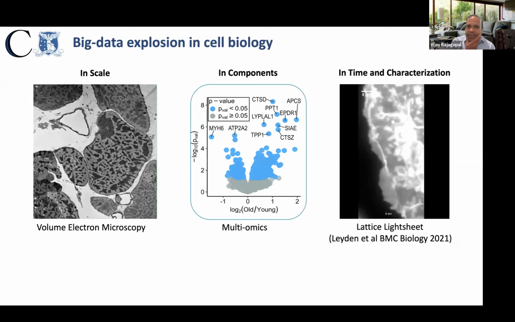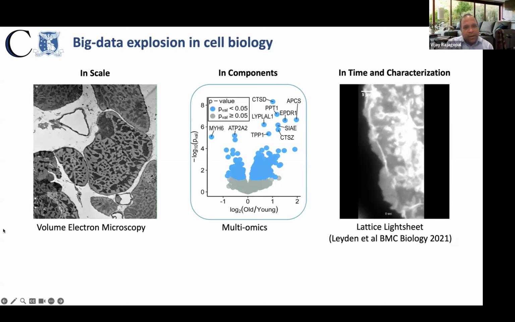All right. So we're in 2025, and the big data explosion has been happening in cell biology for the last 5, if not 10 years. And it's really exciting because what you can do now is visualize or measure cell biology down to single molecules and all the way up to whole organs.